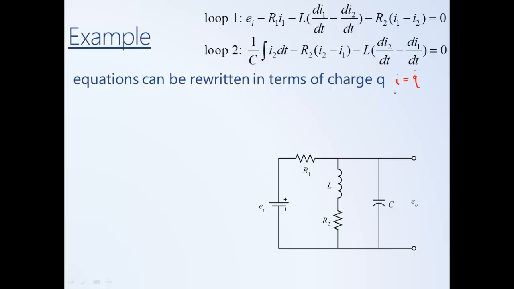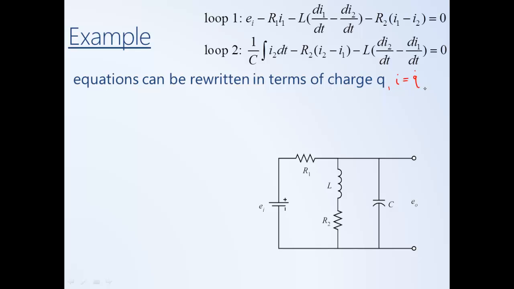So looking at the first loop equation, the E1 stays the same. Current is the time rate of change of charge, so we can just replace this I1 by Q1 dot. Here we have the first derivative of current.